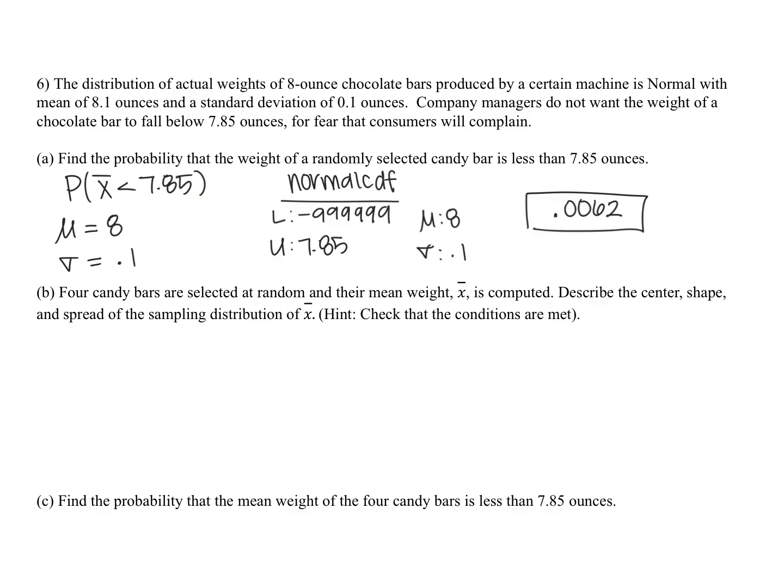So we're going to check our conditions for selecting 4 candy bars. It's a little bit harder to tell what our sample size is here because it's written as a word instead of a number. So make sure you're paying attention to that. For means, random and independent are the same conditions as for proportions. So it does say that they are selected at random.